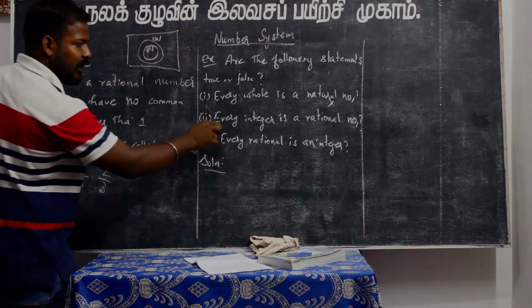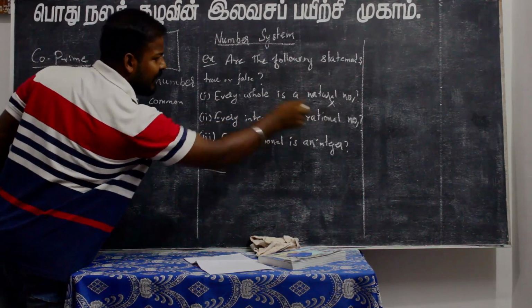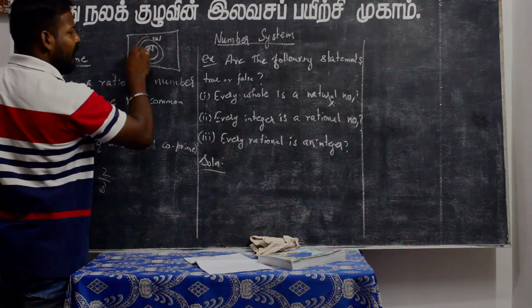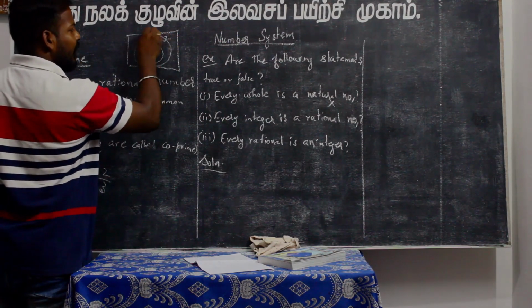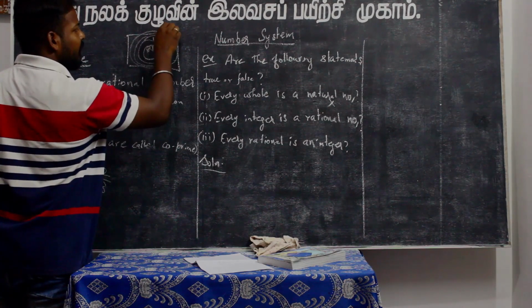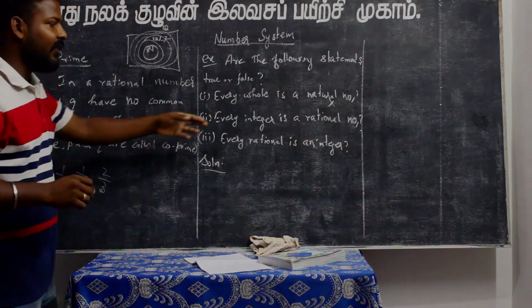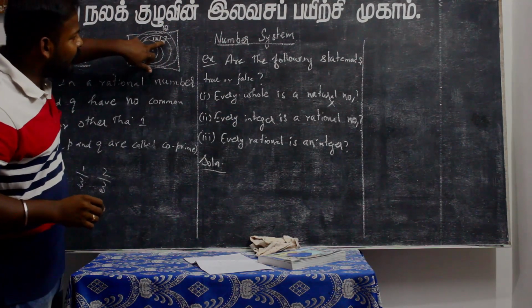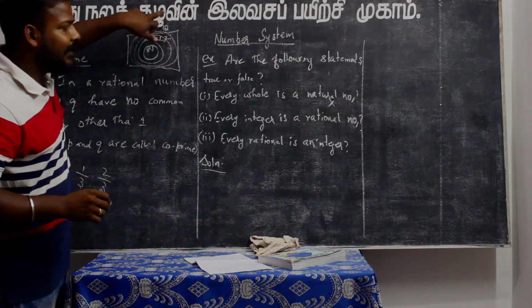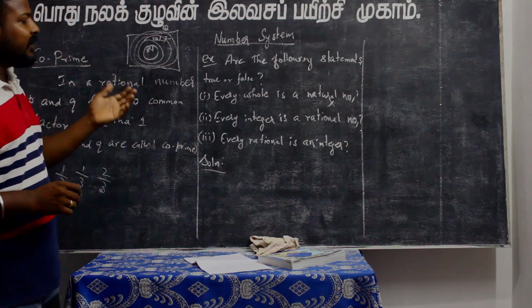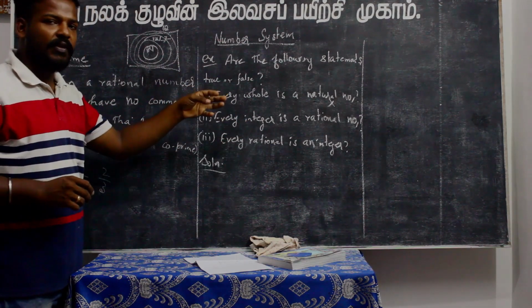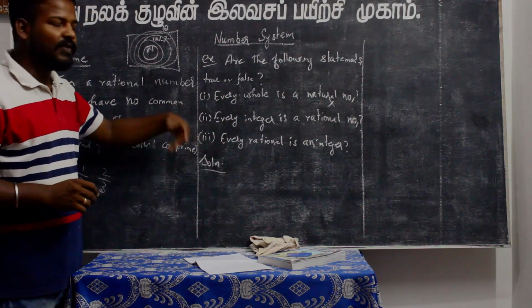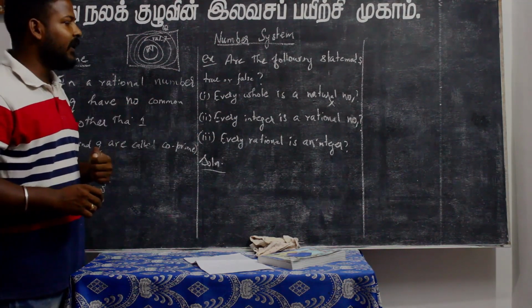What about the second one? Every integer is a rational number. After whole numbers we have integers, and after that rational numbers. So we can clearly conclude every integer is a rational number. Integers run from minus infinity to plus infinity: 0, plus or minus 1, plus or minus 2, up to plus or minus infinity.